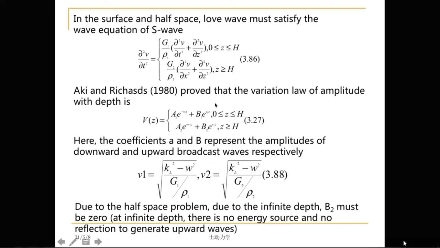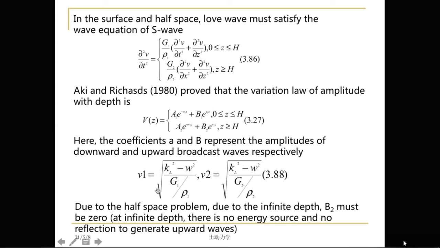If this point is between 0 and H depth, or if z is larger than H depth, we can calculate V(z) using equation 3.27. Here, the coefficients A and B represent the amplitudes of the downward and upward propagating waves respectively.